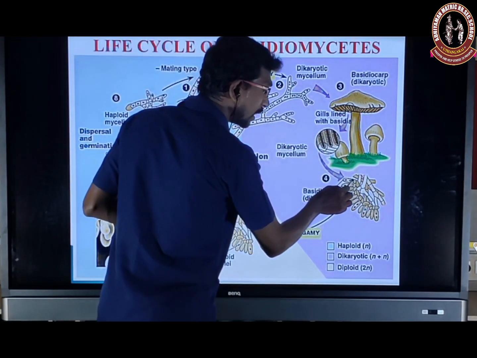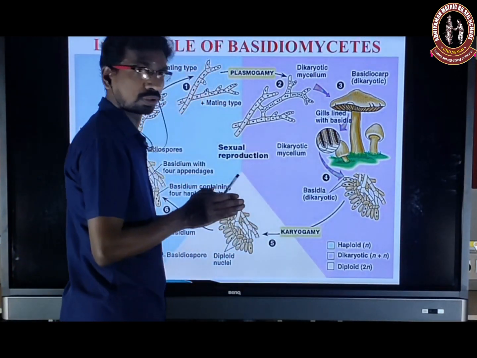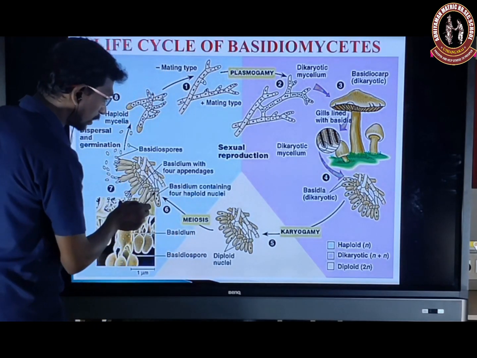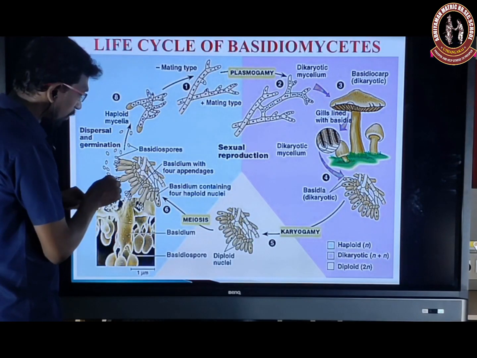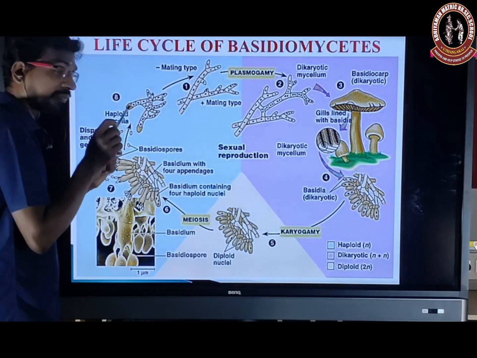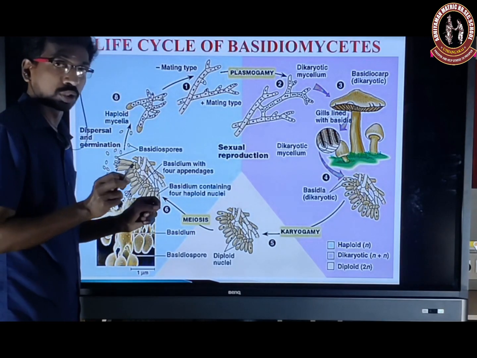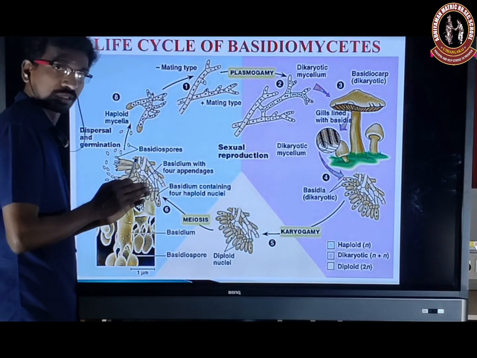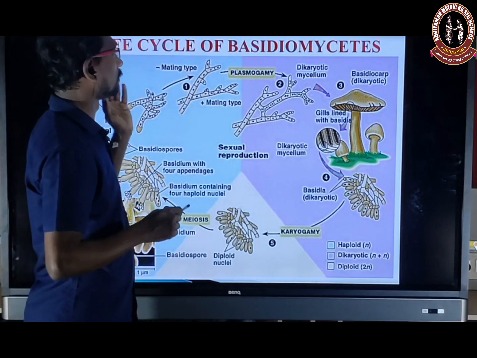When fusion of the nuclei occurs, that is karyogamy, a zygote is formed. This diploid nucleus undergoes meiosis to form four nuclei. Later they are organized to form basidiospores on the sterigmata, at the tip of the basidium. That's why it's called an exospore. Later it is detached from the parental body and germinates to form a new mycelium. That is the life cycle of Basidiomycetes.